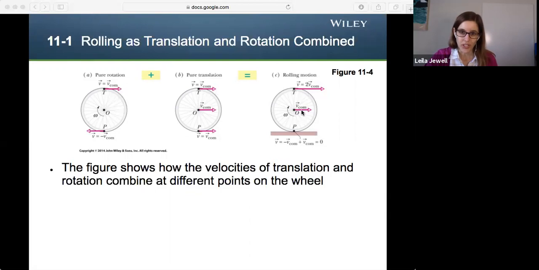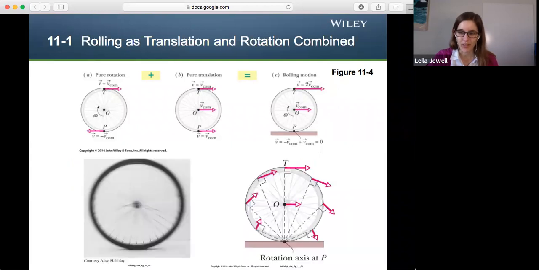And this is where it gets really interesting. At the bottom, we have two velocities in opposite directions. So there's actually no velocity at the bottom. The wheel is stationary, which seems really weird. So I hope you sit with that for a moment.